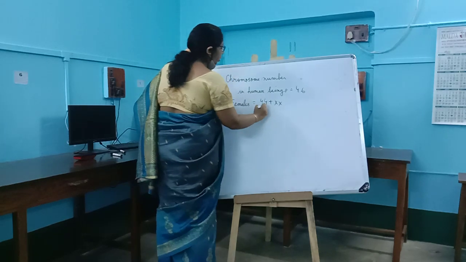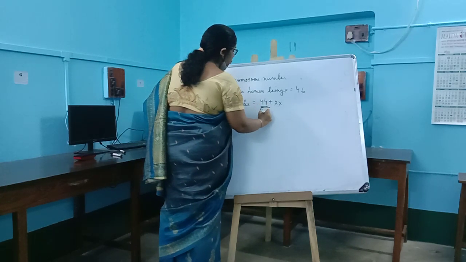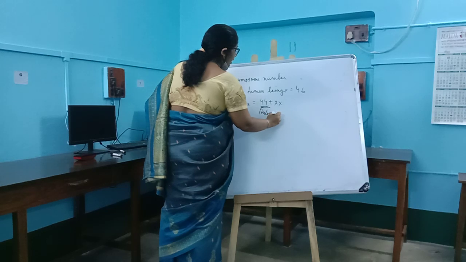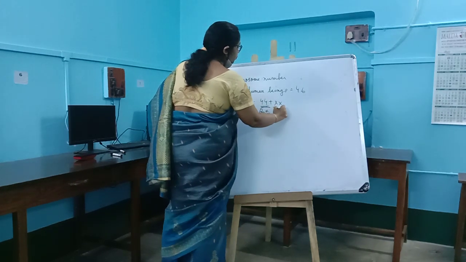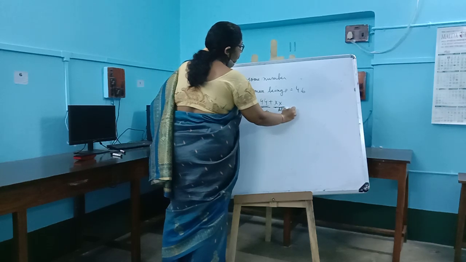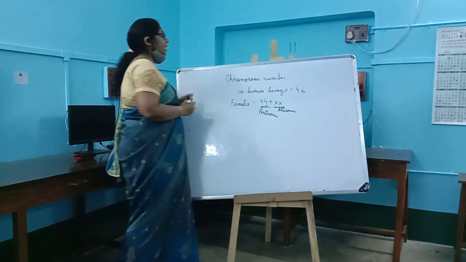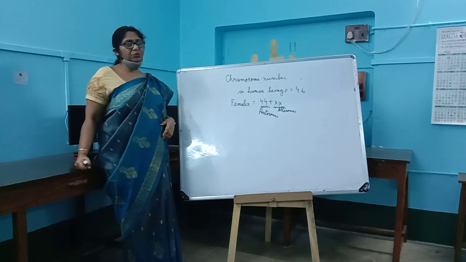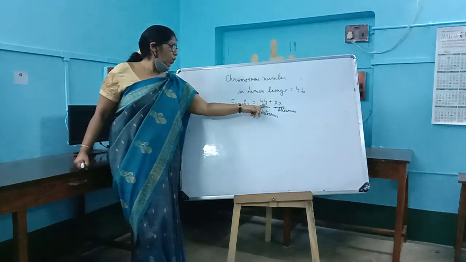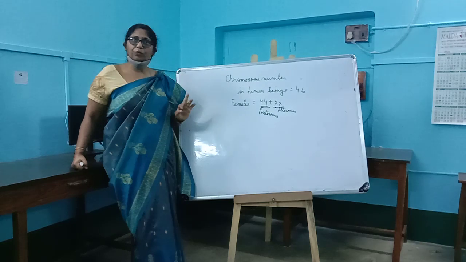These 44 are the body chromosomes, or we can call them autosomes, and these two are the sex chromosomes, which we can call allosomes. So in this case you find that both the sex chromosomes are the same. That means two X chromosomes in the case of the female. So 44, 45, 46. Total number is 46.